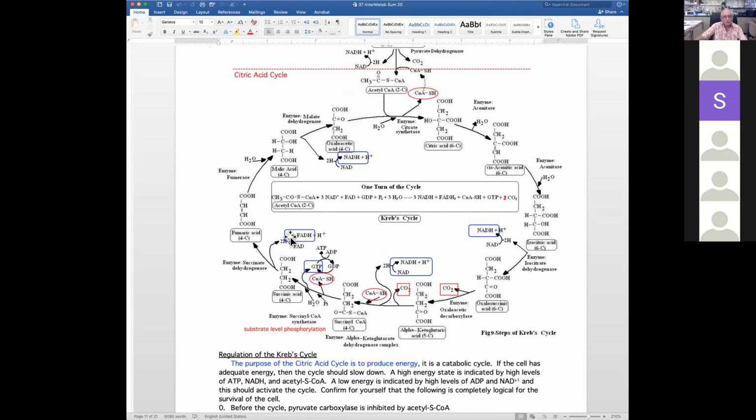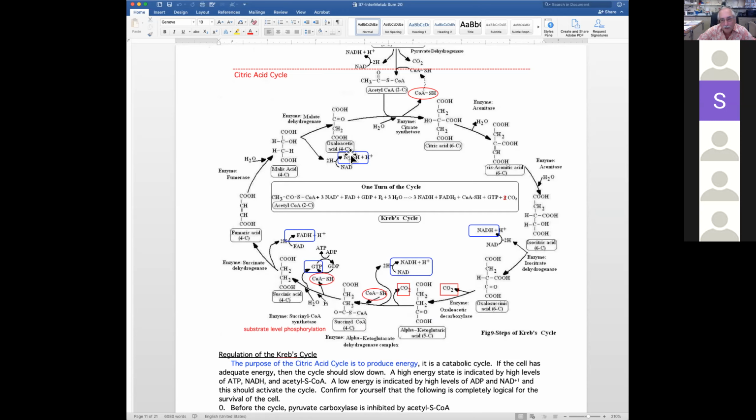So anyway, we made an FADH2, which is worth 2 more ATPs. And then we got fumarate. It's converted into malic acid. And then malic acid is oxidized into oxaloacetate. And again, you're making an NADH, which is worth 3 ATPs.